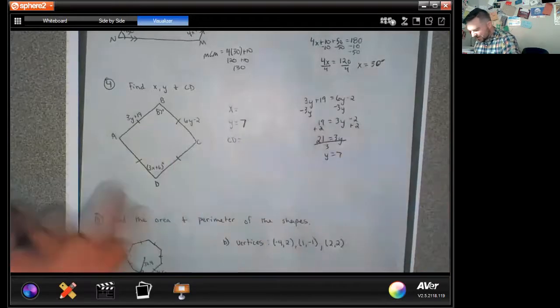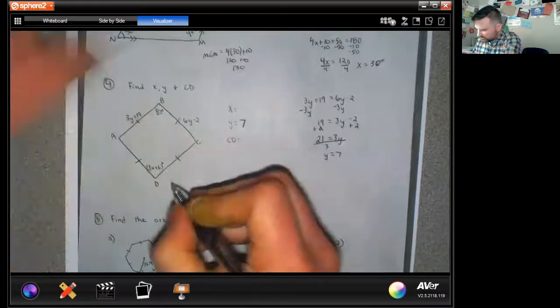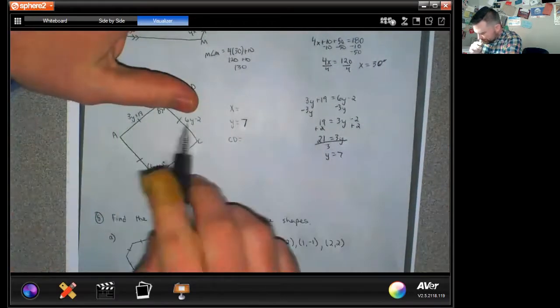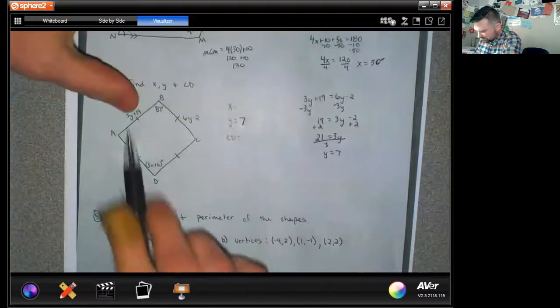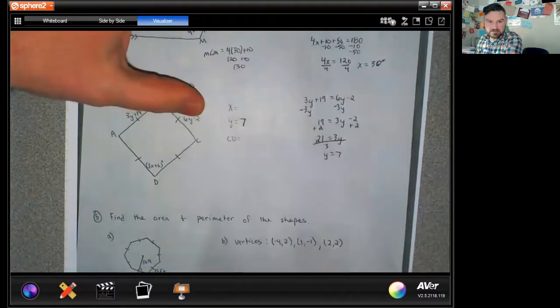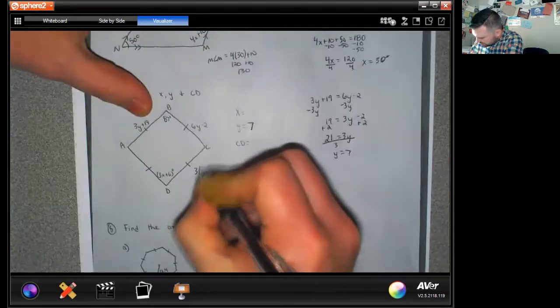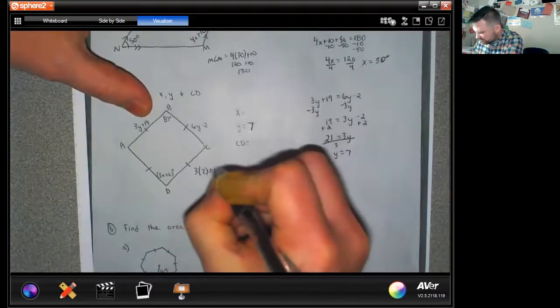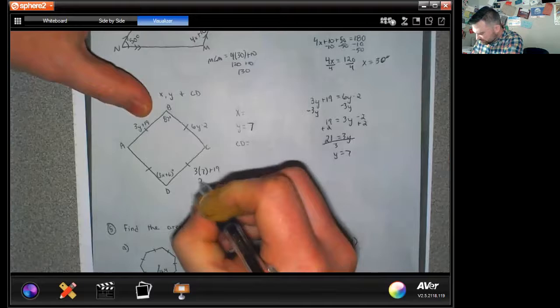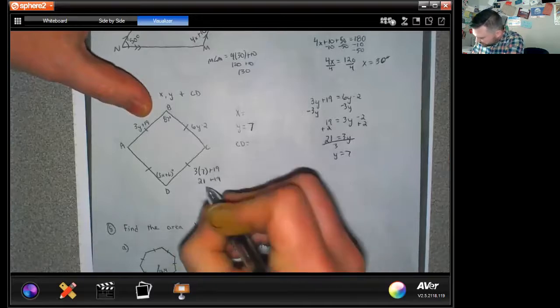Now that'll help me find CD here, because CD will be the same as any of these. So if I take it and plug it into 3y plus 19, it doesn't matter which one I use. So we're going to take 3 times 7 plus 19. 3 times 7 is 21, plus 19 would be 40.